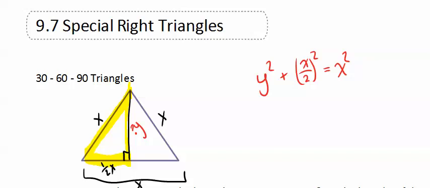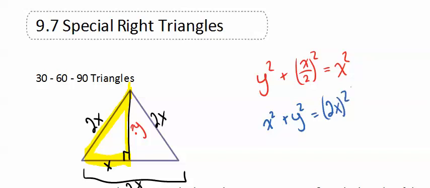Now, so we don't have to deal with a fraction within this equation, let's just go back and change each of those sides to x, making this half right here simply x. So now we're looking at the equation x squared plus y squared equals the quantity 2x squared.